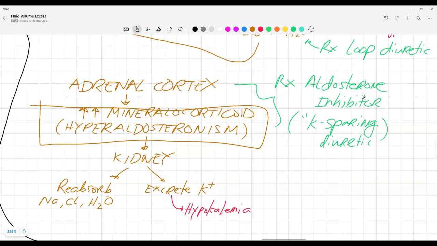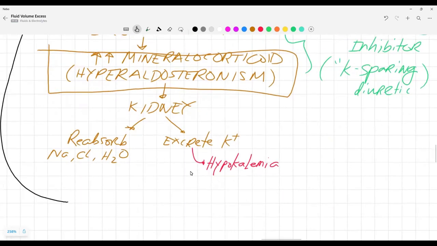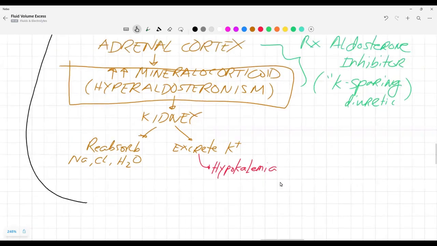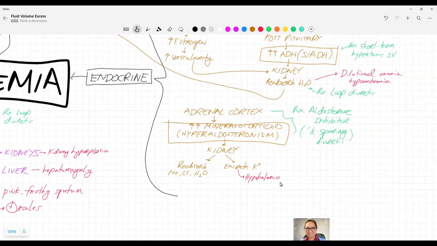So we give an aldosterone inhibitor, which is a potassium-sparing diuretic. And of course, that will reverse the effect here. There will be a decreased reabsorption of sodium chloride and water and a decreased excretion of the potassium. So that basically solves both of those issues.